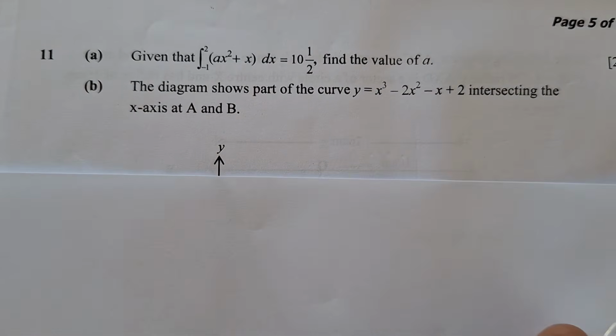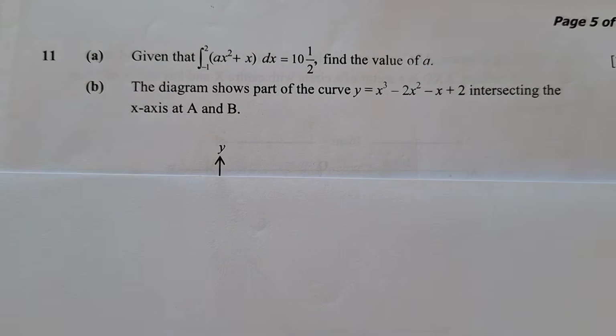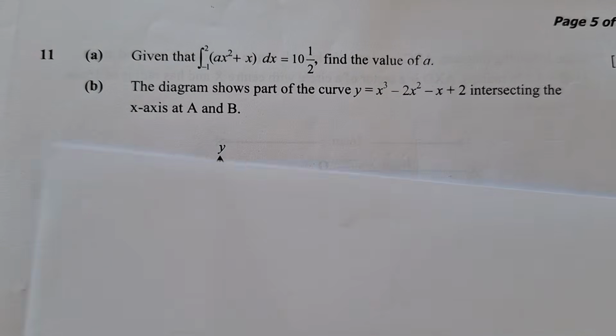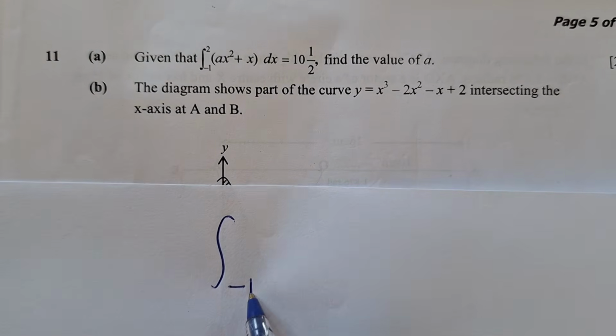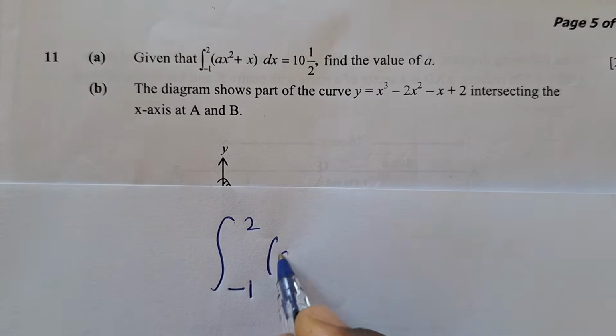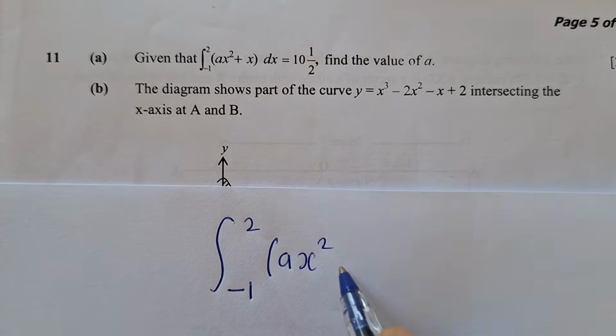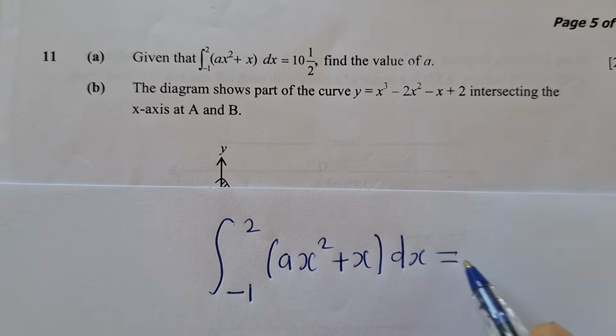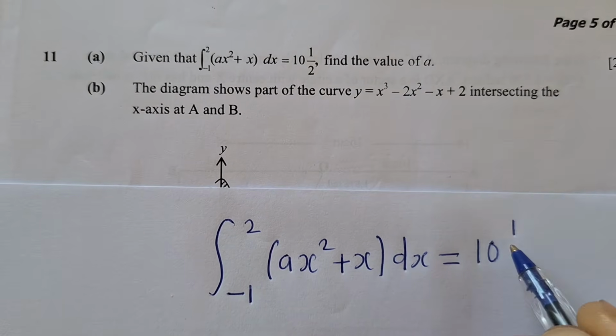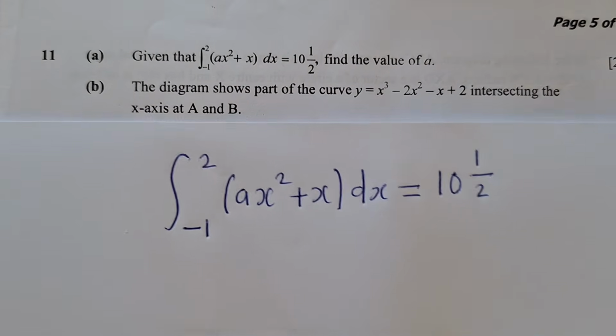So basically, what we're going to do here is just to get the given integral. That is, the integral limits are from negative 1 to 2 over a x power 2 plus x dx. And they're saying this is equal to 10 and 1 over 2.